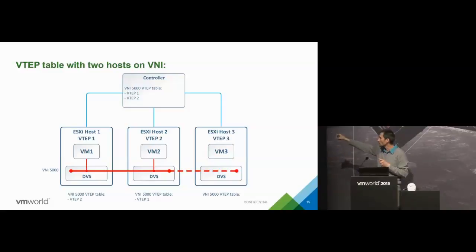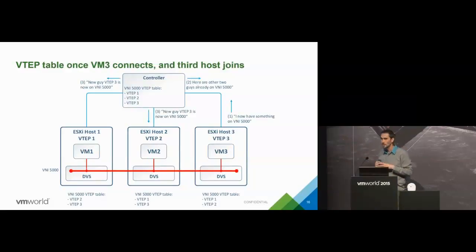Now let's imagine that host 3 would like to join the party and has a VM3 which is connecting to that logical switch. The process goes like this: host 3 informs the controller that it has something on VNI 5000 and would like to join that VNI.